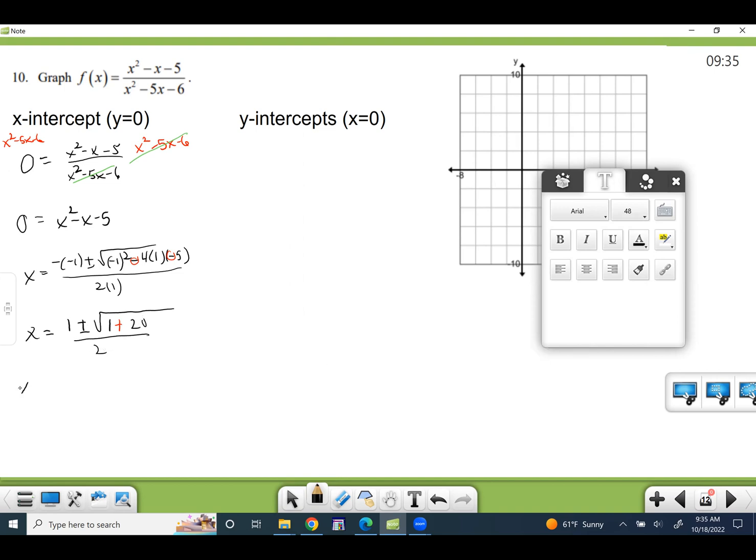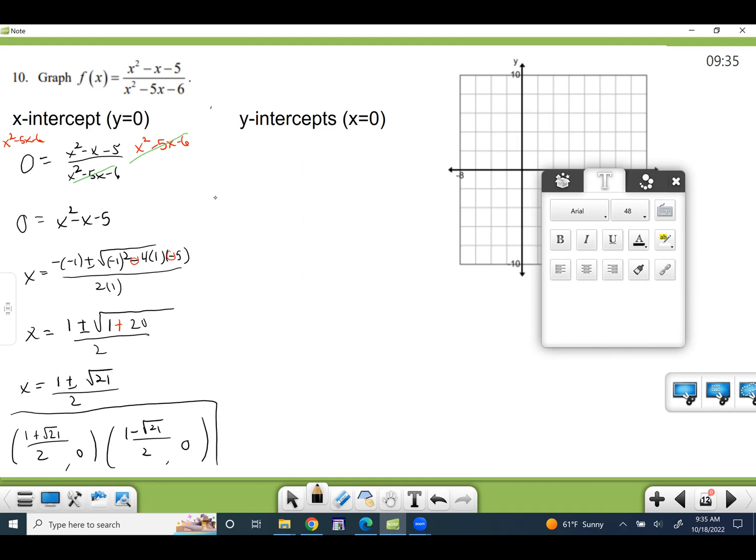So our x-intercepts are at 1 plus or minus the square root of 21, over 2. Now, how you'll put that in is you'll go (1 plus the square root of 21)/2, comma 0, and (1 minus the square root of 21)/2, comma 0. So that's going to be your x-intercepts.